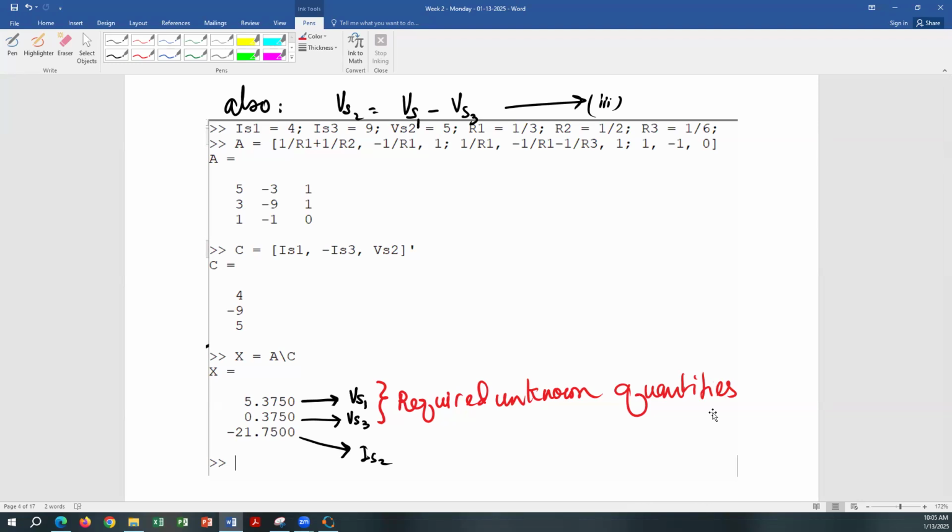Got it? Good. Any question? Now this is without applying supernode, remember. We can apply supernode and then take a break actually. In the meantime, if you have any question about this, you can ask.